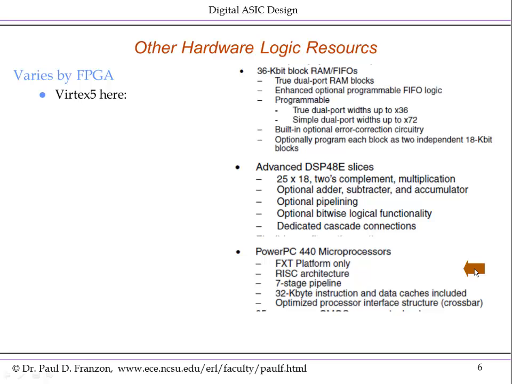And many FPGAs have embedded microprocessors within them. In this particular example, a 7-stage in-order PowerPC microprocessor. The point of this custom logic that is used here is, if it is useful to you, you should use it.